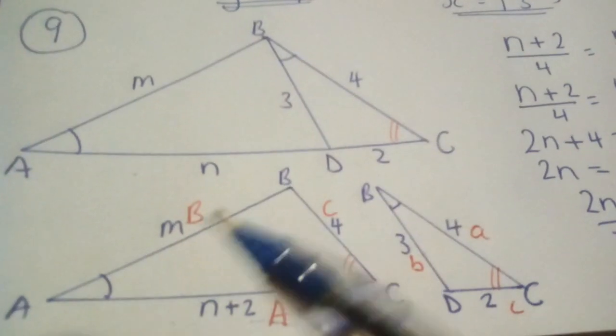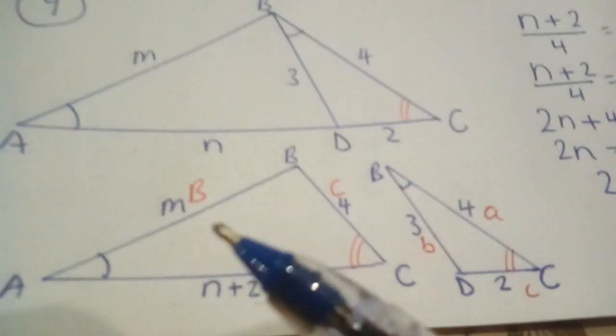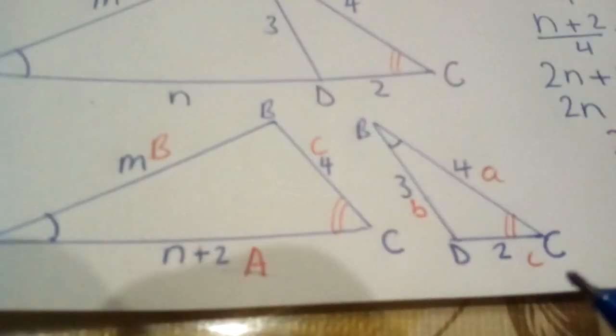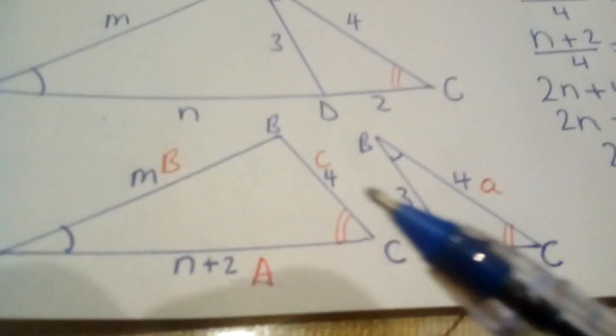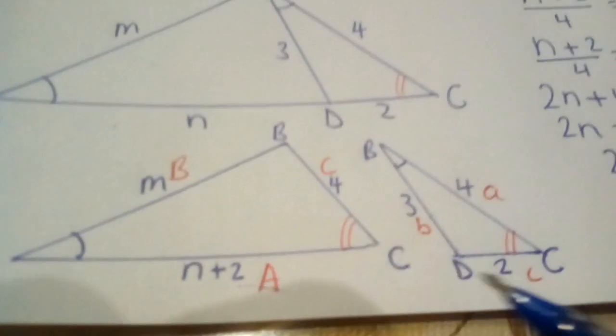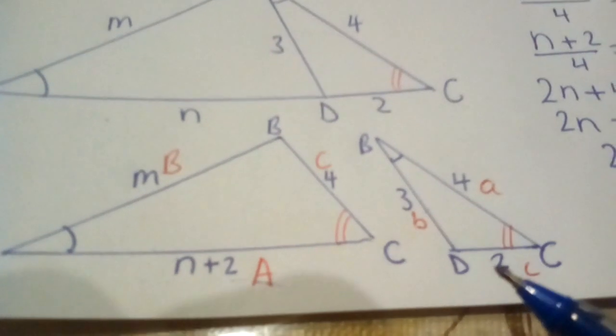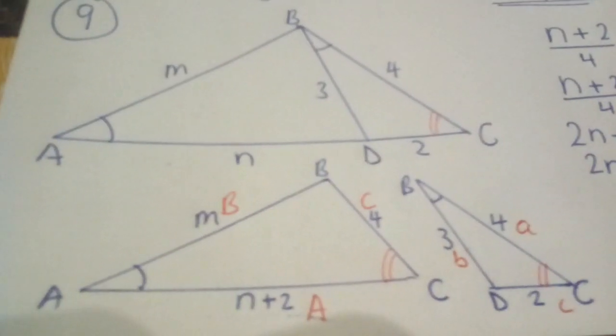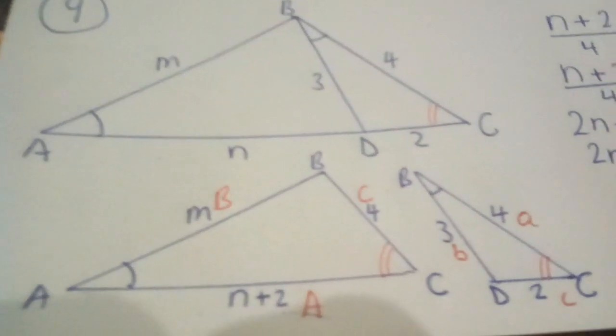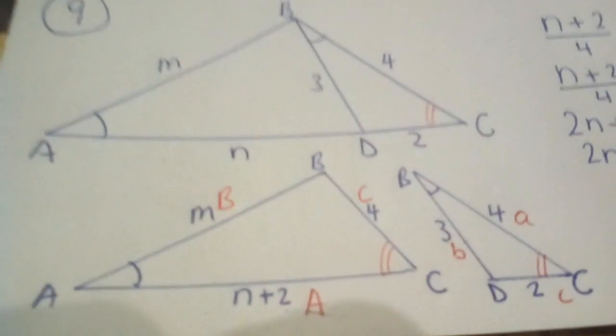This other side will correspond to this side here, and finally this side will correspond to that side. Now, what basis did we use to get the proportion sides?